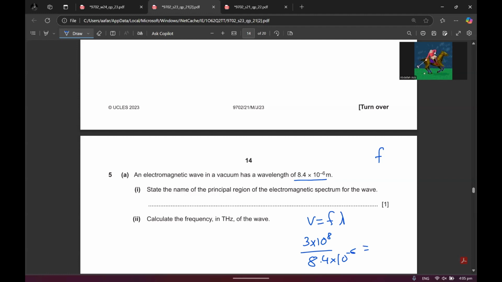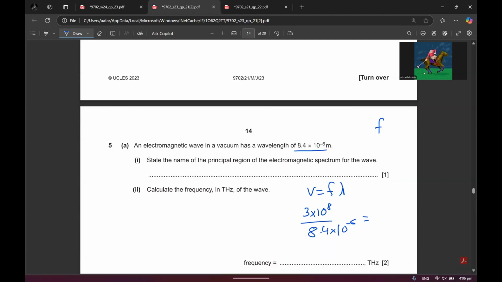So the frequency we get is 3.1, 0.57 to the power 30.